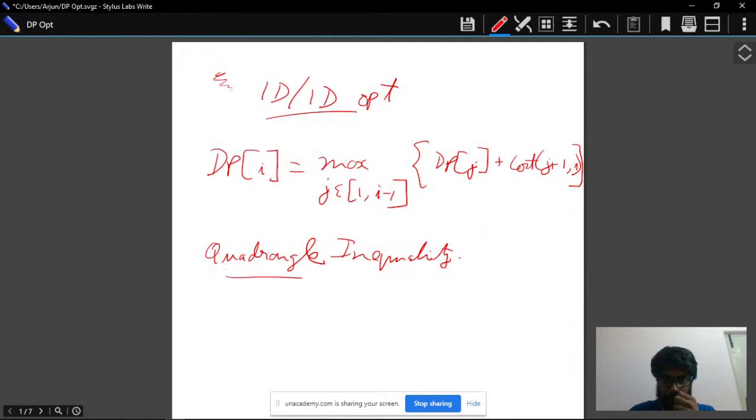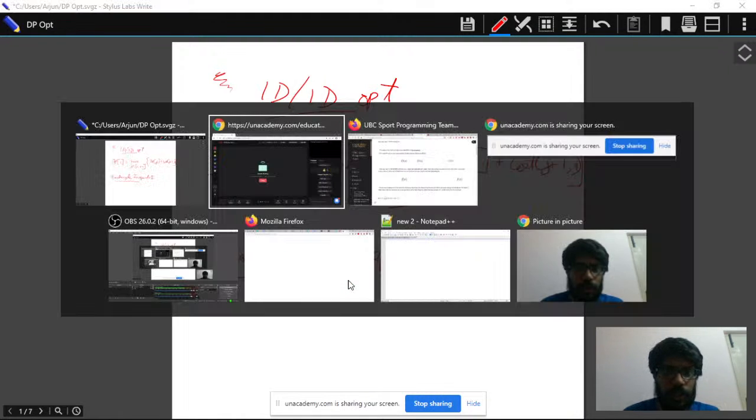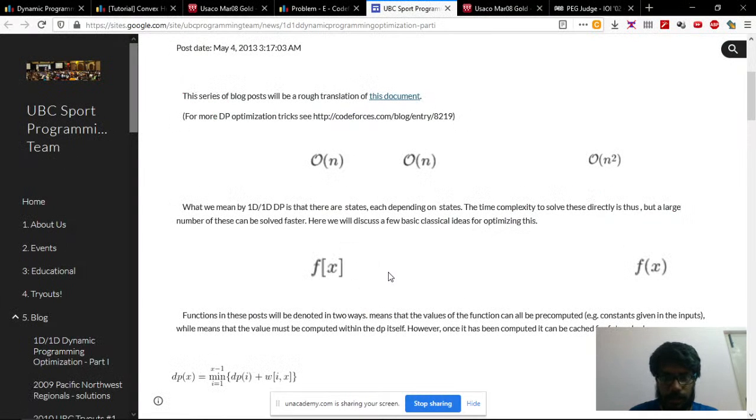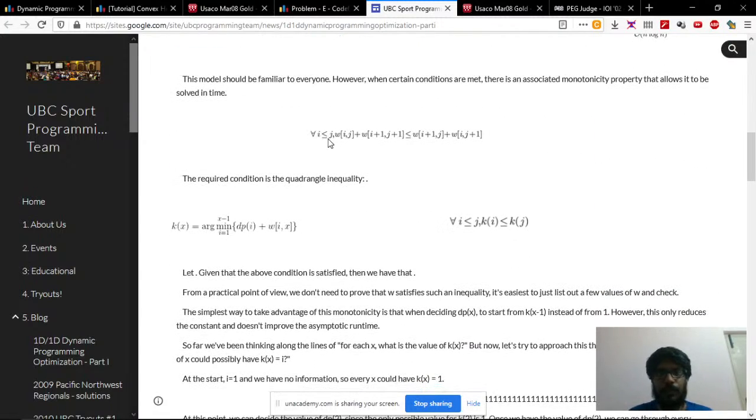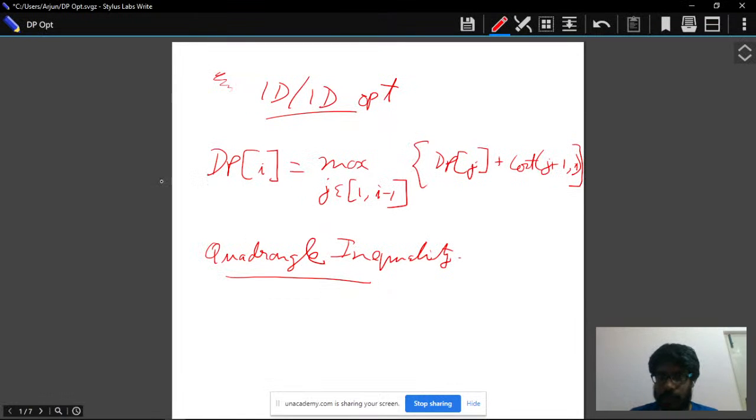Okay. So what is this quadrangle inequality? The way it's usually given is in this format: for all i, j, w of i, j plus w of i plus 1, j plus 1 is less than or equal to w of i plus 1, j plus w of i, j plus 1, where w is what I've written as cost. But the way I like to look at it is by slightly rearranging it, which gives me a slightly better intuition.